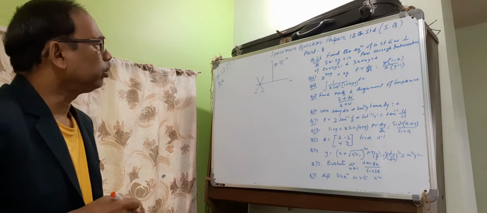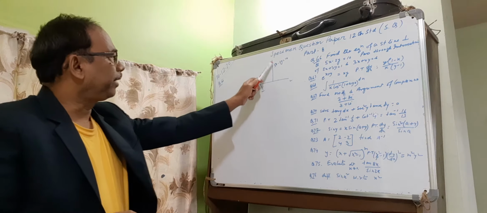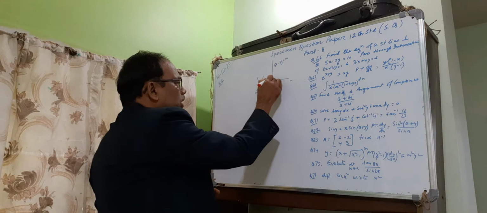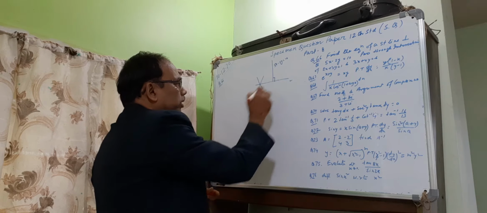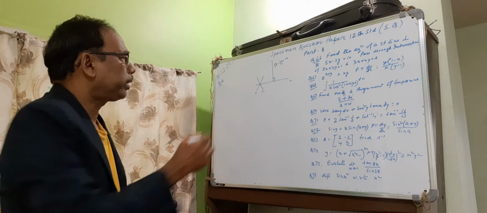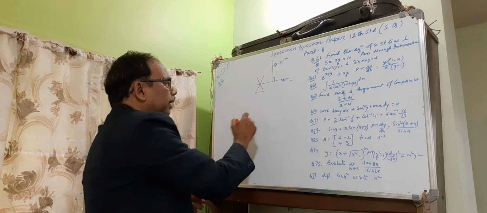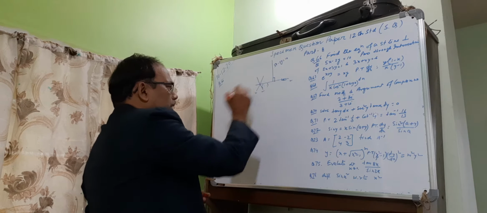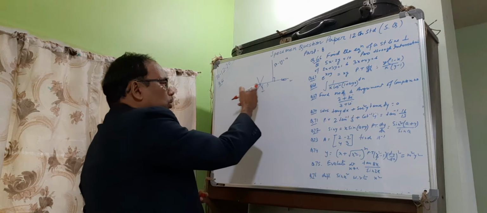So first of all we have to find the gradient of this line. As the given equation is perpendicular to the required equation, taking m1 m2 equals minus 1 we can get the gradient of this line, and solving these two equations we can get the coordinates of the point of intersection, then we can get the equation of the line.